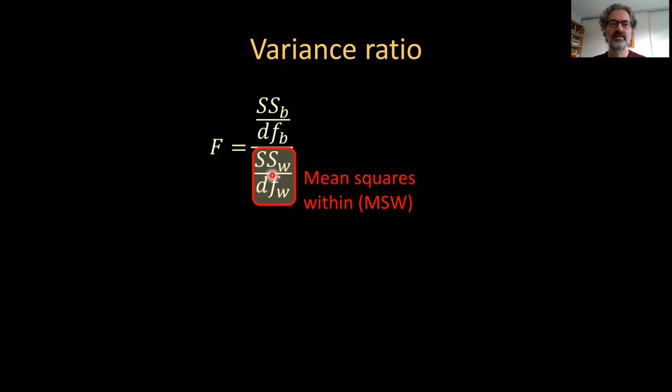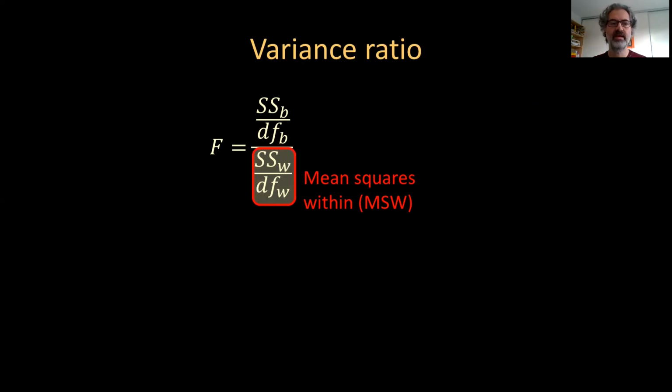So this is the number of data points minus the number of groups. And this is an index of the variability in the data that is left over. It's not accounted for by grouping. We group the data, we reduce the deviations, but there's still deviation. Each data point is not equal to its group mean. So this is the leftover part. Leftover in statistics is called residual. So this is also called the residual mean squares.